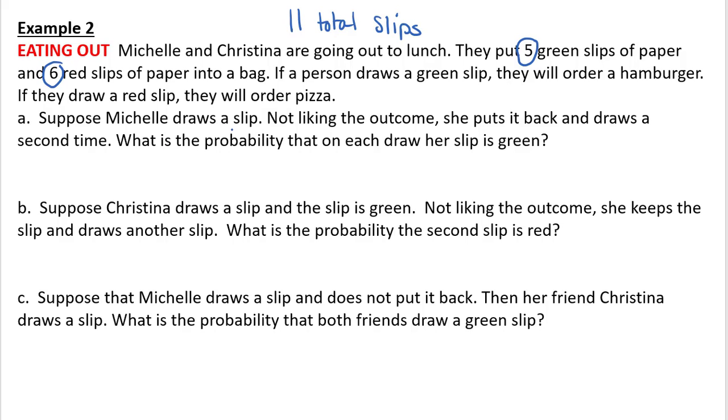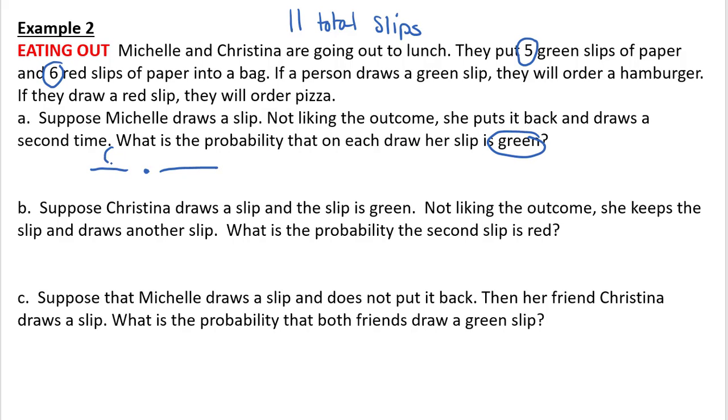Okay, so suppose Michelle draws a slip, not liking the outcome, she puts it back and draws a second time. What is the probability that on each draw her slip is green? Okay, so let's do the probability of the first times the probability of the second. So, she draws a slip, and I need to know the probability of a green.